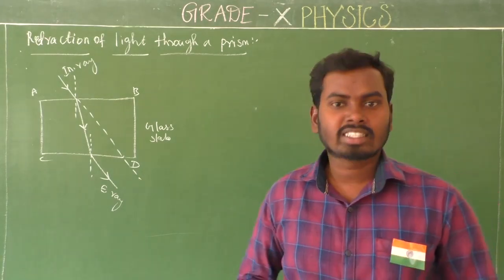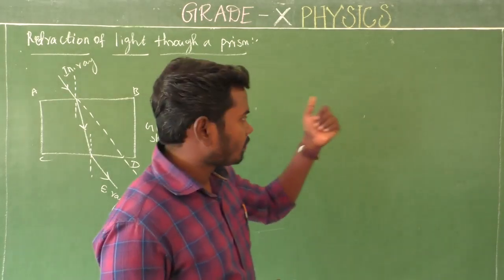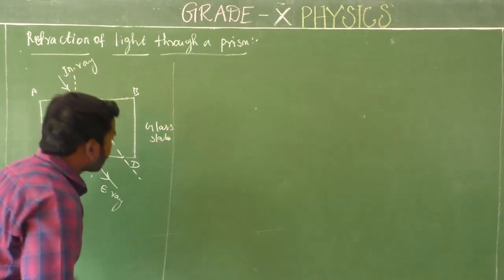In order to start that refraction process, you need to know some basic things about the glass prism. Is it clear? I'll draw the glass prism diagram. You look here.